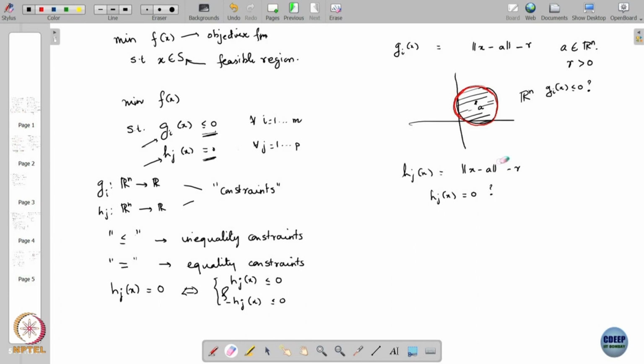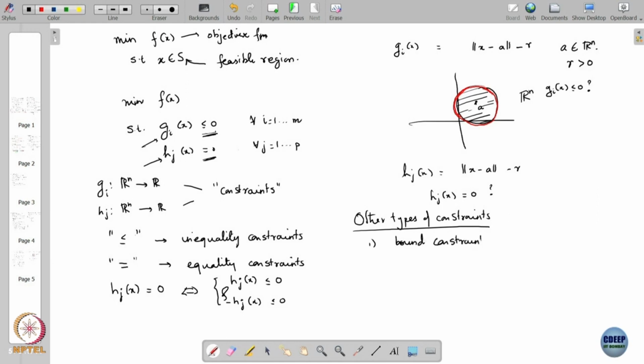Okay, now there are other types of constraints. So, let me mention this. For example, you can write bound constraints.